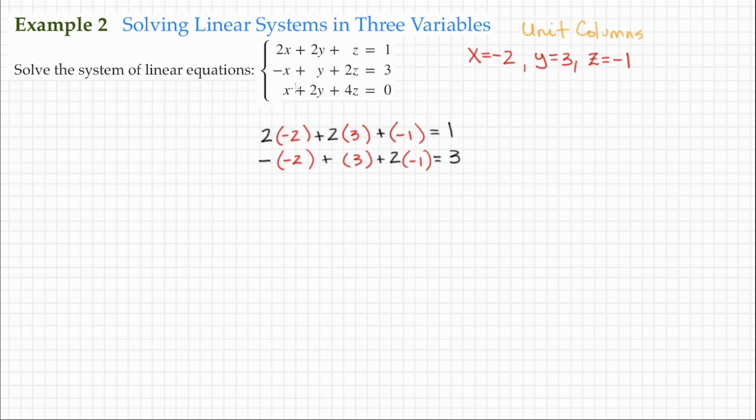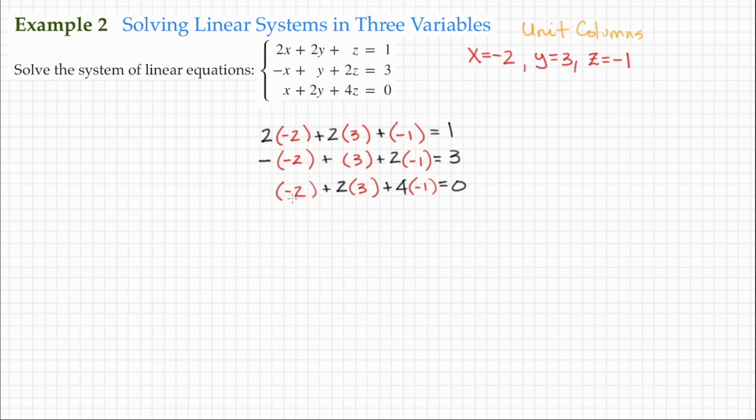Let's do the final one. We have x here, that's negative 2. Plus 2y, and of course y is 3. Plus 4z, and z is negative 1. And that entire thing should equal 0.